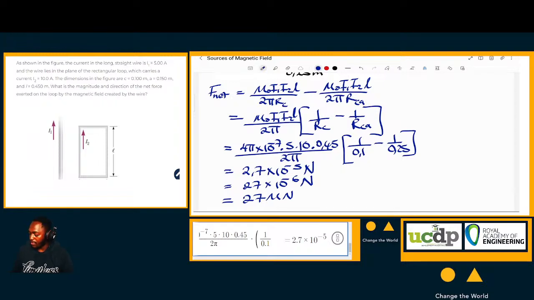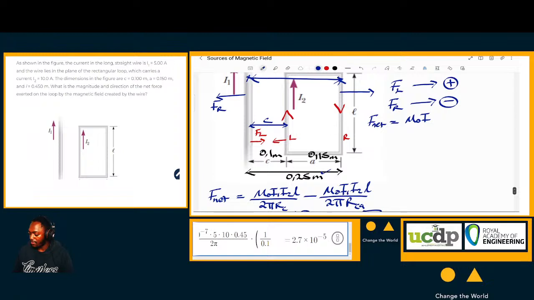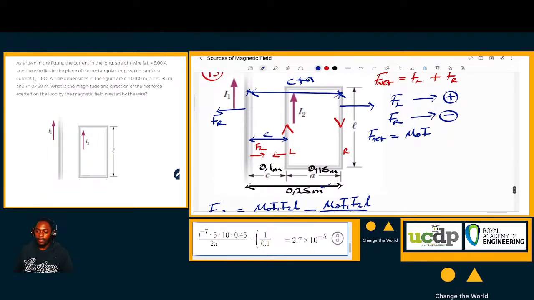So the magnitude, you're simply following your calculations that we've shown you there. And then for direction, you're simply looking at your illustration there and the force acting on the system, to determine the direction of the net force exerted on the loop by the magnetic field created.